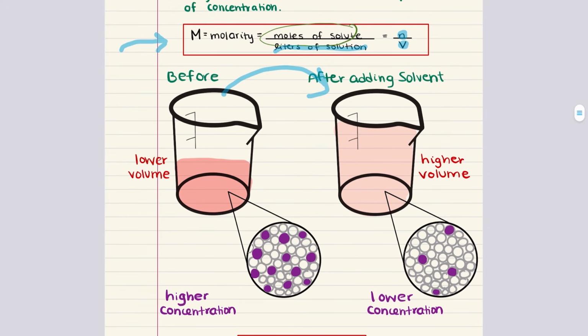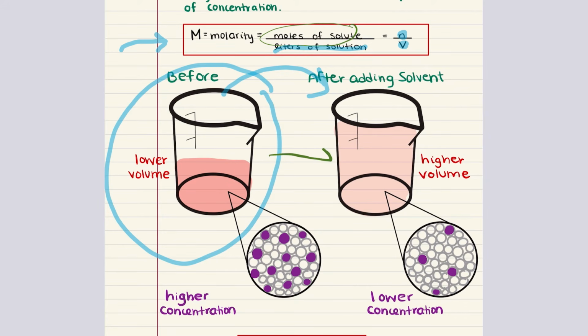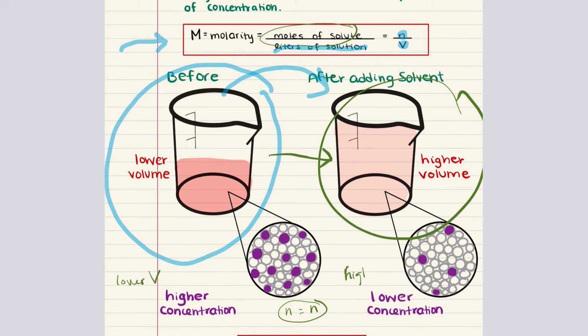And so, chemical labs usually buy very concentrated solutions. Then they add a solvent so it's diluted. Your n stays the same, but what changes is your volume. Here you have a lower volume, and then when you add more solvent, now you have a higher volume.